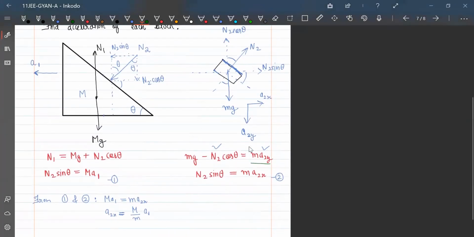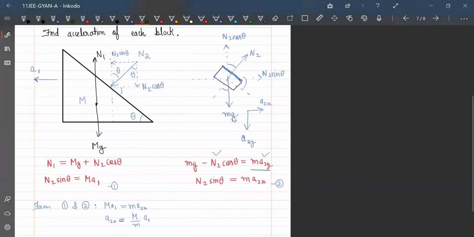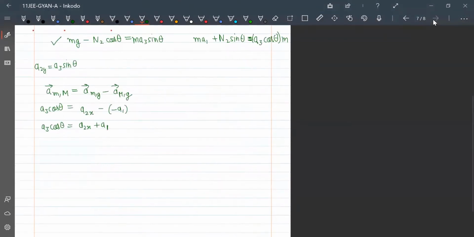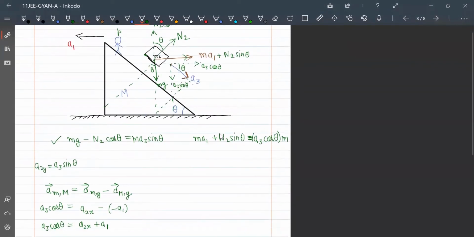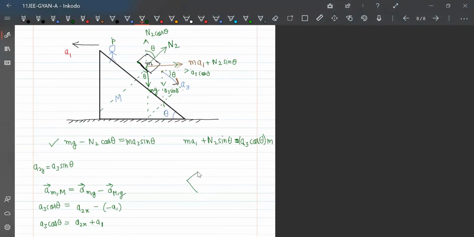So this is the first method. Try to find the value of a1, a2x, and a2y. We have noted this, and note this. See. Now the main difficulty is finding the value of n2.